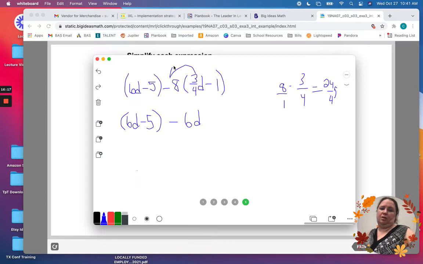Okay? Now I do negative 8 times negative 1. A negative times a negative is a? Positive. What's 8 times 1? 8. I'm sorry. It's okay. All right. Now I've simplified everything on this side. Over here, I can technically get rid of these parentheses now, because everything is simplified. So now I'm just going to combine like terms.